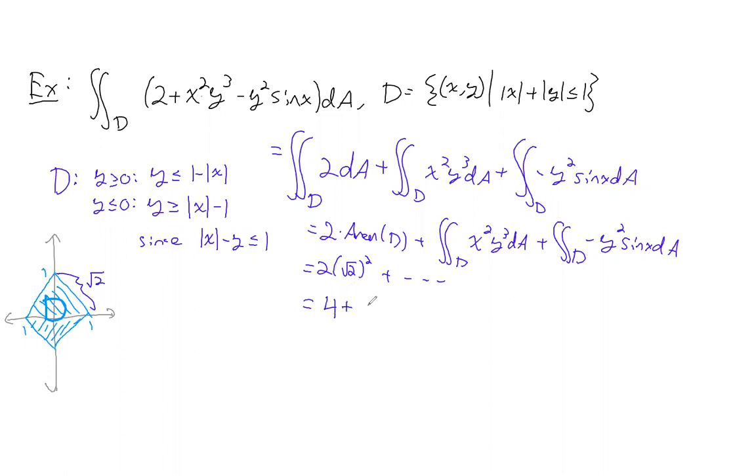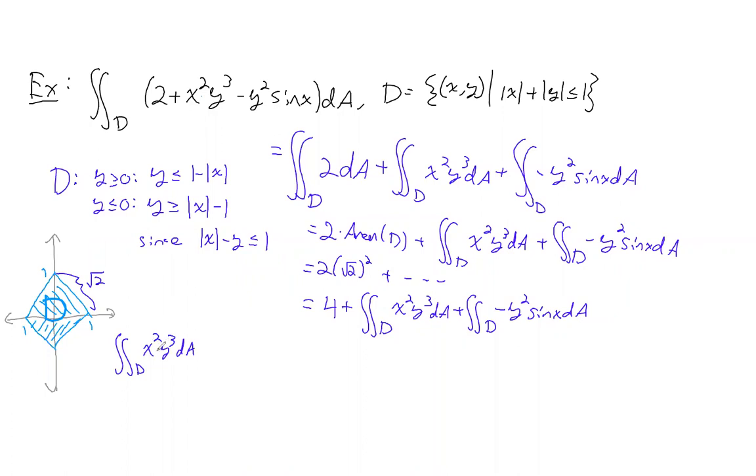So now we're working with 4 plus all of this other stuff: the double integral over D of x squared y cubed dA plus the double integral over D of negative y squared sine x dA.